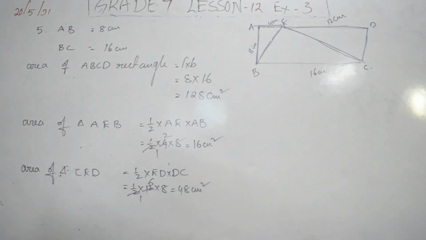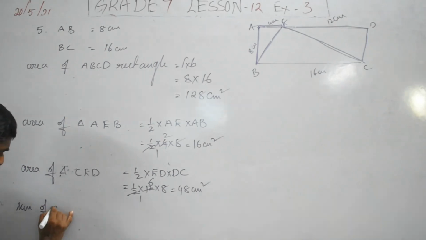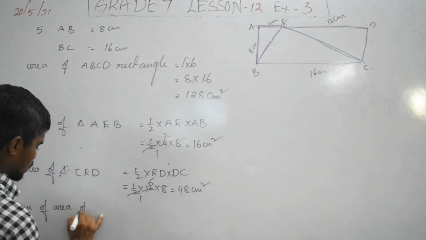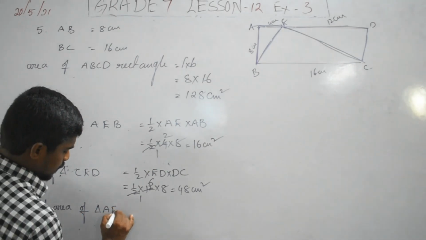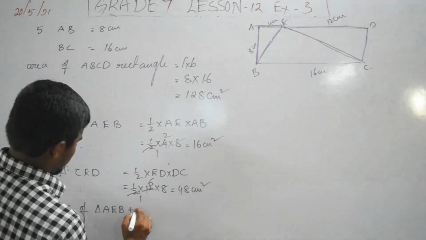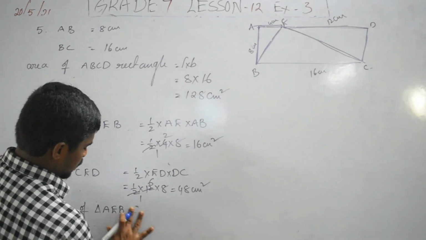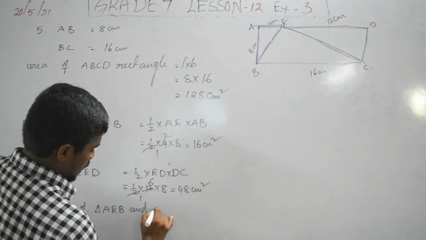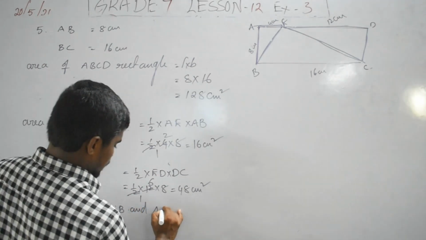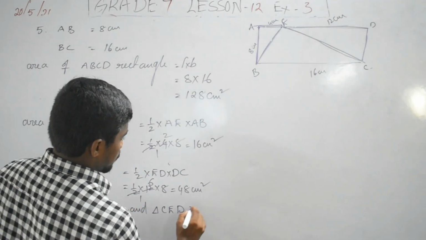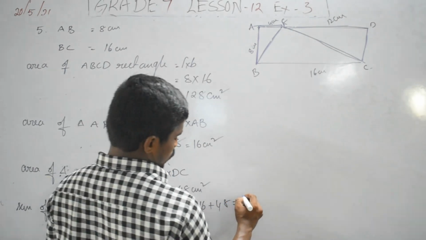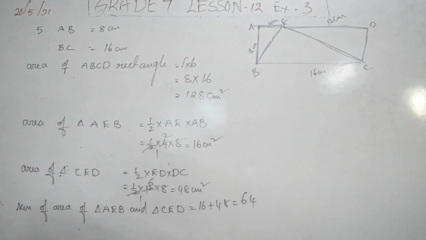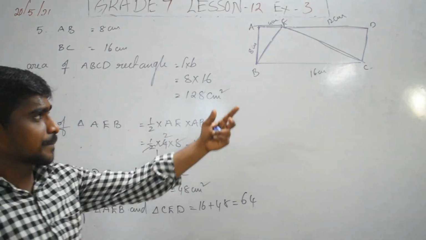Now sum of area of triangle AEB plus triangle CED, 16 plus 48, 64. So now remaining which triangle remaining?